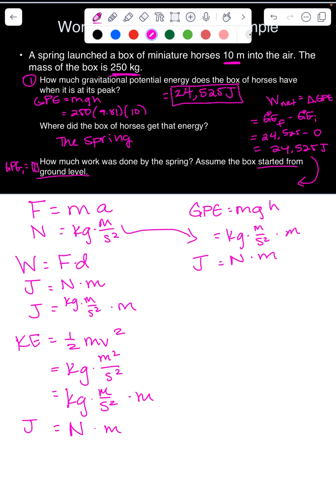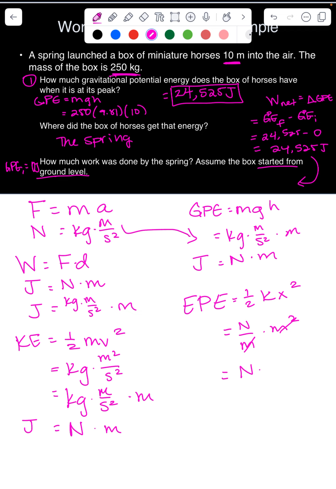Well, what about EPE? EPE is 1/2 kx squared. K, we know, was a Newton per meter, and x is a distance, which is meters squared. We have meters on top, meters on bottom, so that's going to get rid of one of those meters.